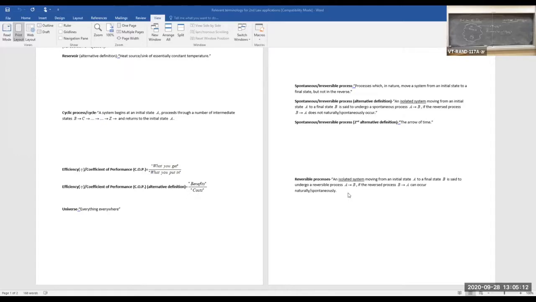What do I want you to put down here? Just write processes that don't involve friction, unrestrained expansion, or heat transfer across a finite delta T. In other words, processes that don't have any irreversibilities are reversible.